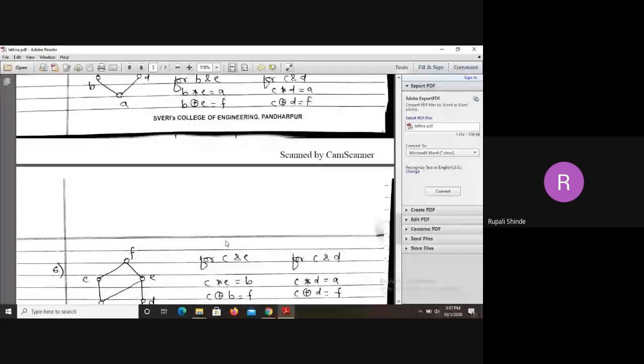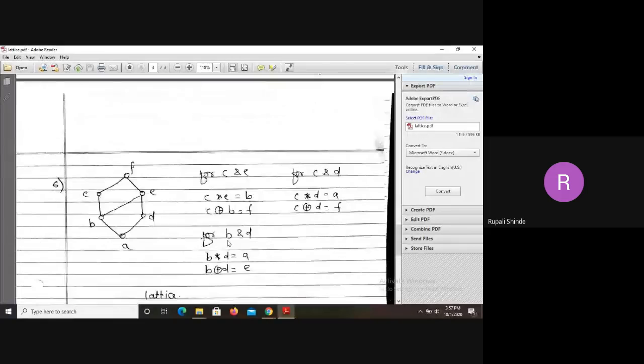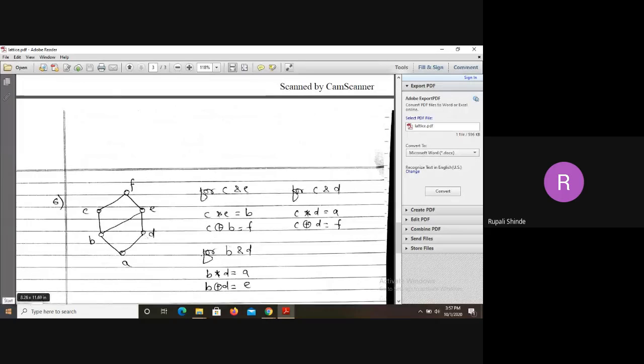Now check the next diagram. You have to tell me whether this one is a lattice or not. And tell me what are the pairs of elements you are going to consider. CE, CB, CD.